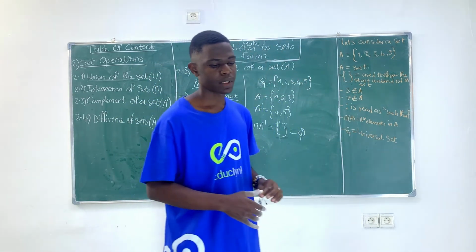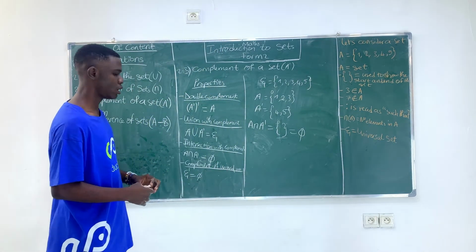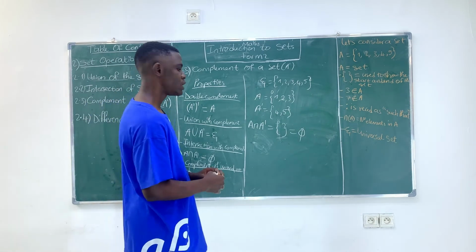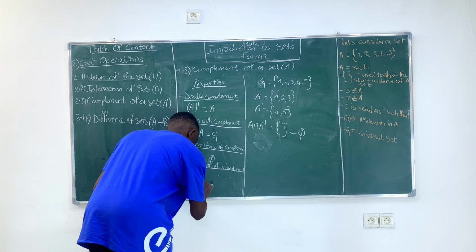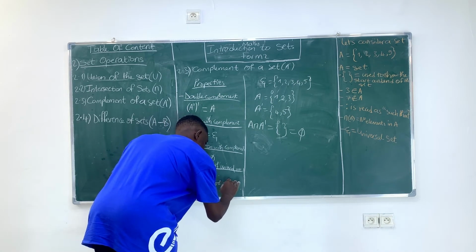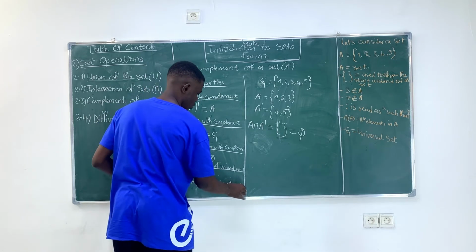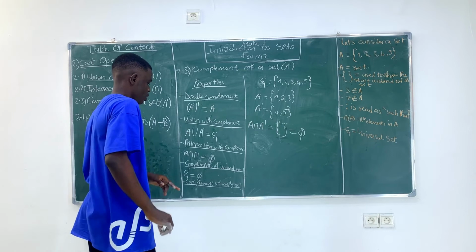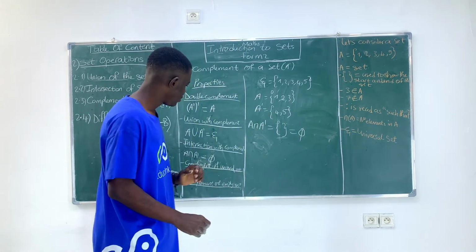And the fifth and last property is the complement of the empty set. So what is the complement of an empty set?